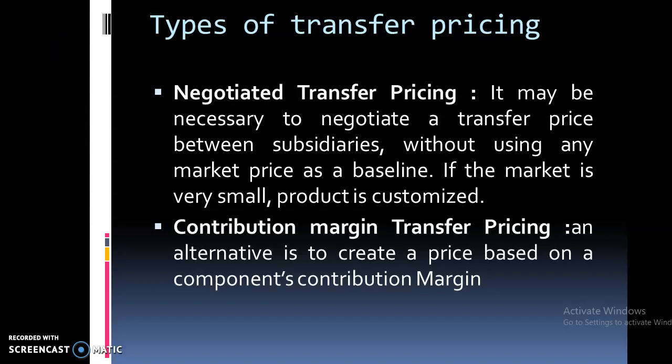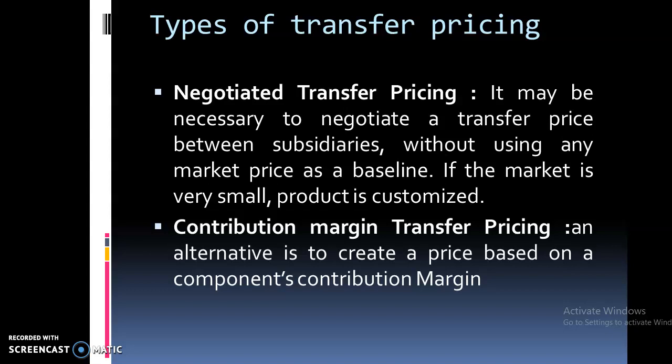Under certain circumstances this mechanism is adopted: if the market is very small, or if the product is customized according to the preference of the customers, then you can follow this method.